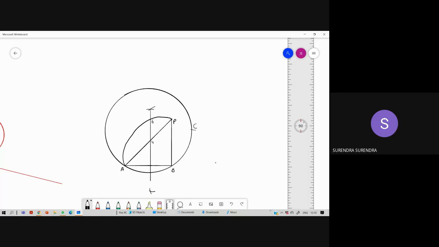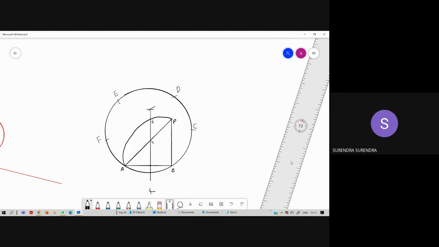We'll get point C. With C as center and the same radius, one more arc on the circle, name this point D. Next, D as center and the same radius, one more arc on the circle, point E. E as center, one more arc, F. If we join AB, BC, CD, DE, EF, FA, you get the required hexagon.